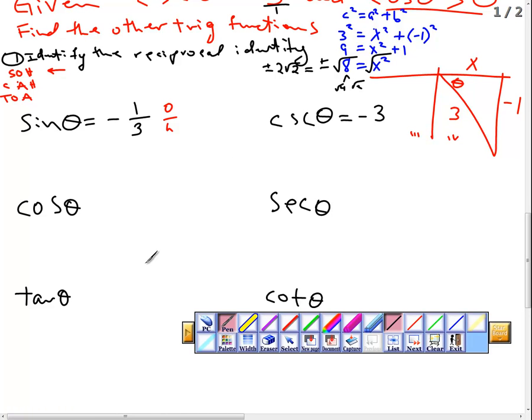So is it going to be positive or negative? Well, here's x, right? Positive, good. So this is going to be 2 square root 2 here. Okay. So from there, come up with the rest of the trigonometric values.